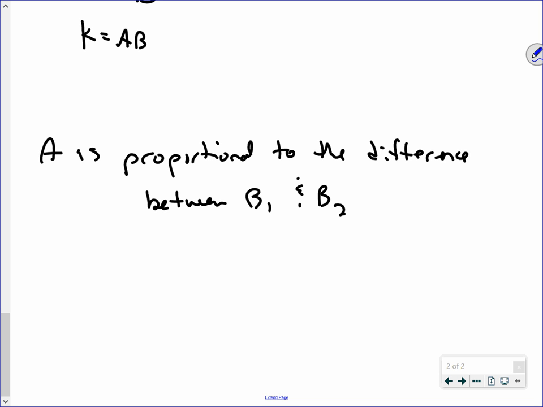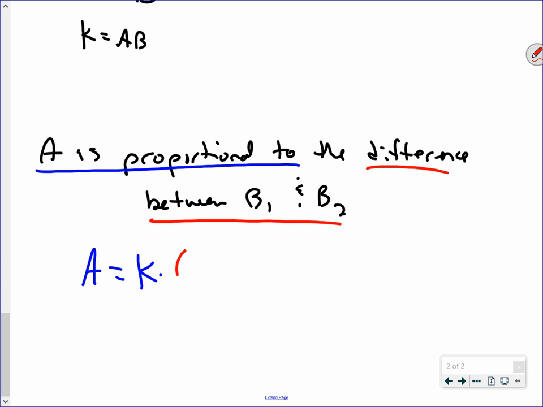A is proportional to... A equals K times something. Okay, and what is it proportional to? It's proportional to the difference between B1 and B2, and that goes just like this. There you have your statement. Okay, all right.